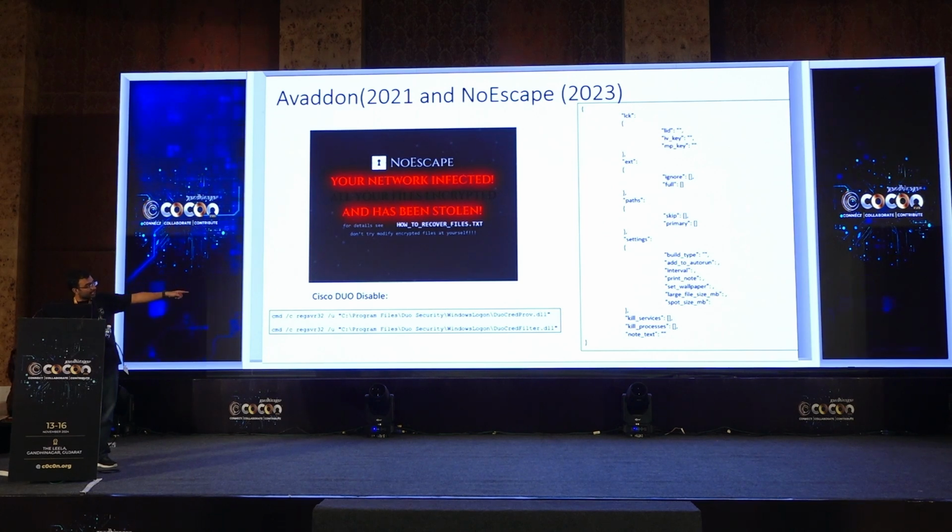You can see the kill service function, kill process, note text. That's the ransom note. Add to autorun, print note, set wallpaper, the ransom note, and so on. See that, that's a config file. Every ransomware payload would have a config file. The config matched between NoEscape and Abaddon, and that's how the story of this rebranding was pulled.